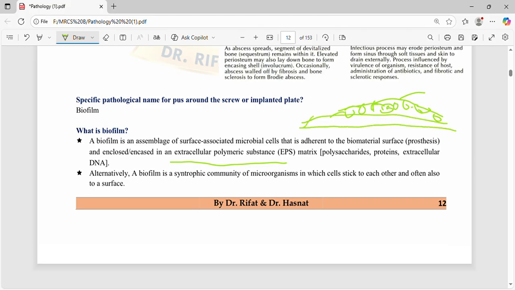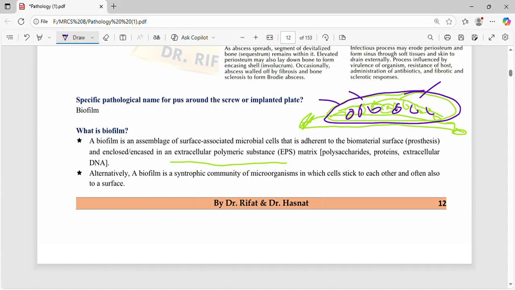Let's suppose this is a nail or external fixator. This is combinedly called biofilm. So it has the microorganisms, assembly, and the extracellular polymeric substance enclosing them, which is made of polysaccharide, extracellular DNA, and proteins, and attached to the external fixator.